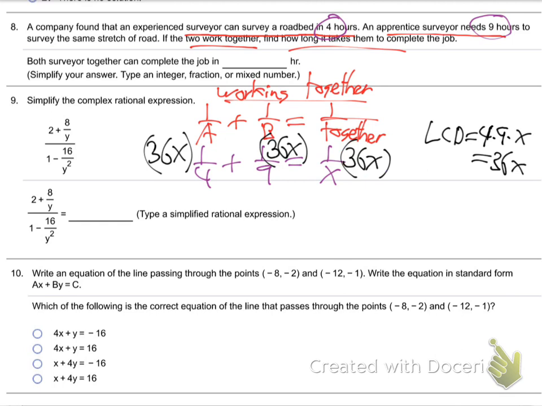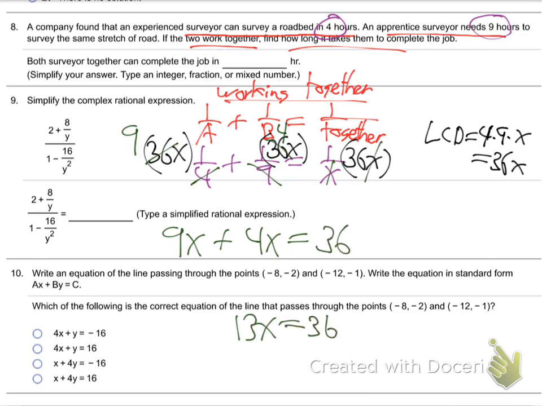So I'm multiplying through by 36x, then 4 goes into 36 9 times, so we have 9x. 9 goes into 36 4 times, so we have 4x. X cancels x, we have 36. So that's 13x is 36. Last step, divide by 13.